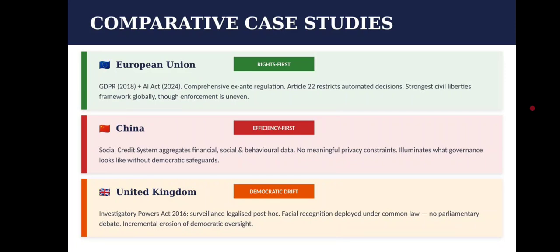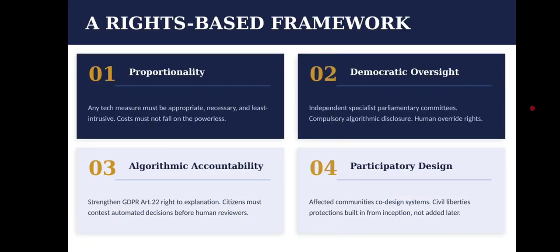The United Kingdom shows a middle path where surveillance technologies have expanded gradually, sometimes without full democratic debate. These examples show that different countries balance efficiency and civil liberties differently based on their political values.